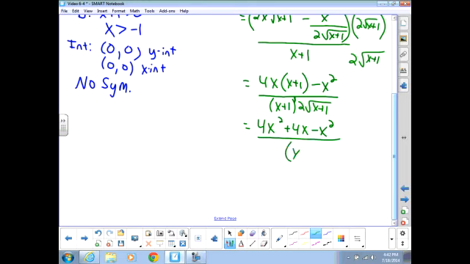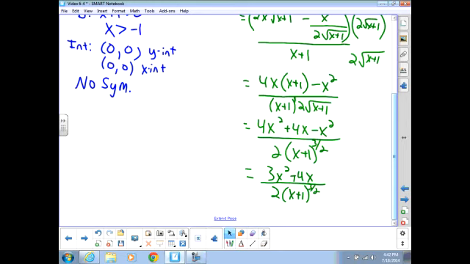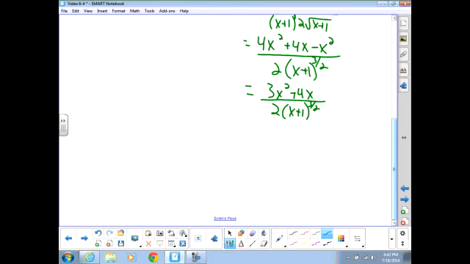So that means you'll have an x plus 1 now to the 3/2. Your exponents, and we'll have the 2 out front. One last step to simplify it. We can bring those x squareds together, and we'll have 3x squared plus 4x all over 2 times x plus 1 to the 3/2. So this one's a little bit messier than the last one.